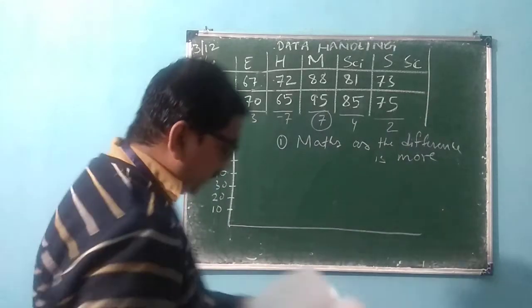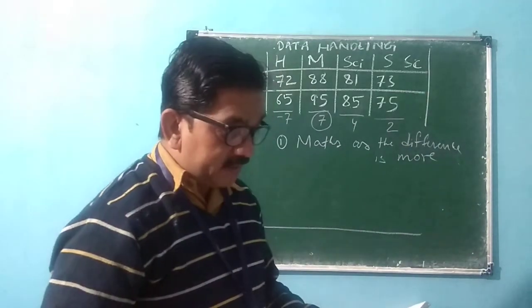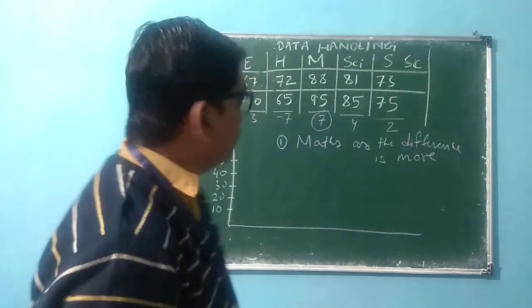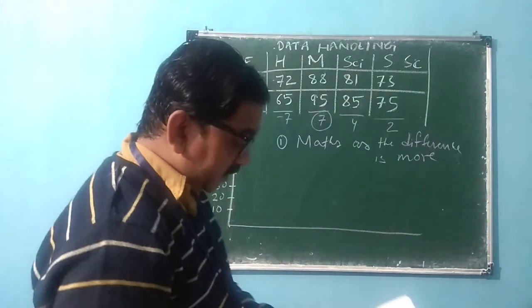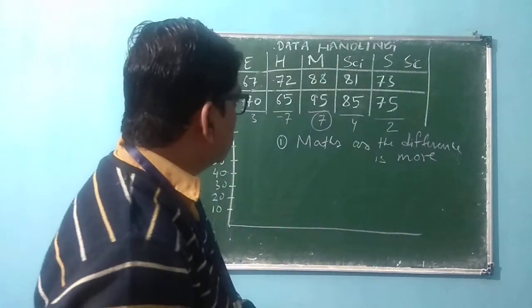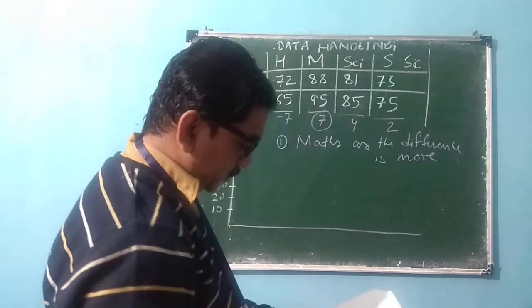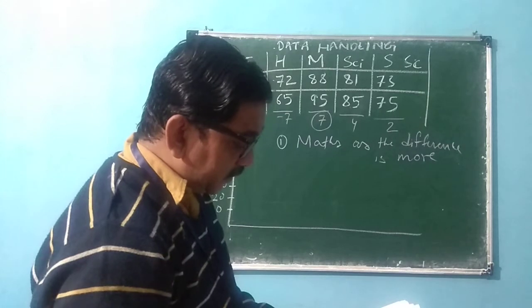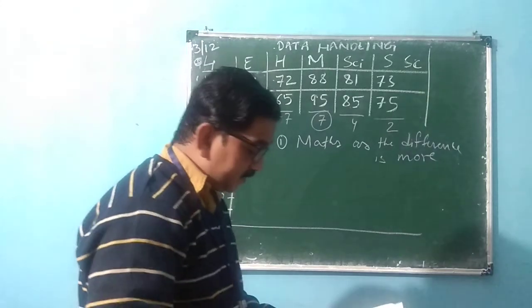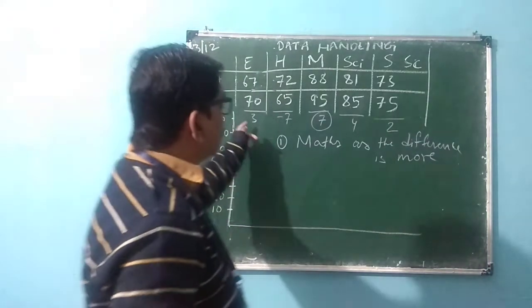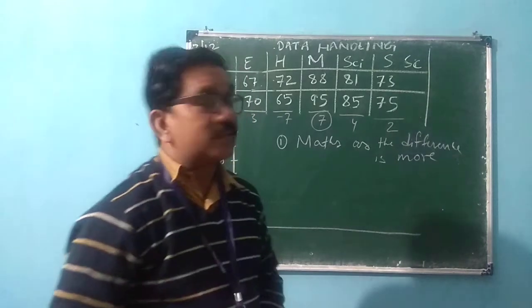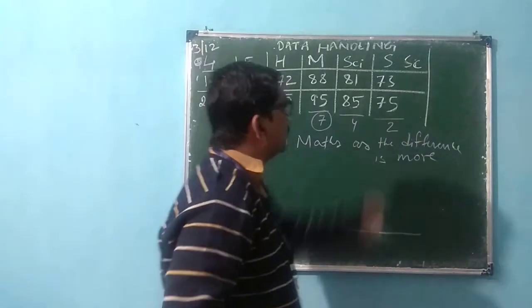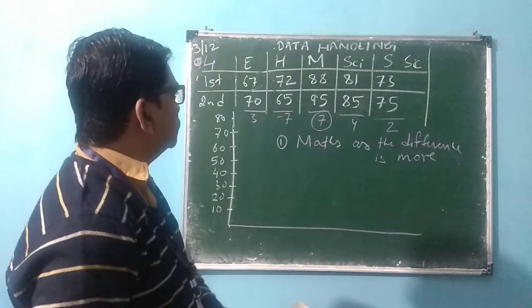Now the second part: in which subject is the improvement least? You can easily find out in which subject the improvement is least. So here the improvement is least. The answer will be social science.